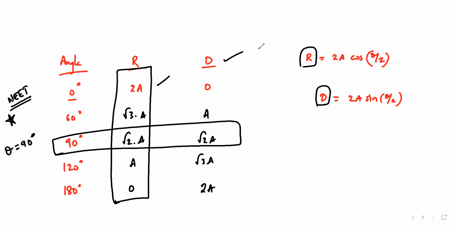Yes, sir. And always remember the resultant is greater than or equal to the difference between the two vectors, and it is less than or equal to the sum of those vectors.